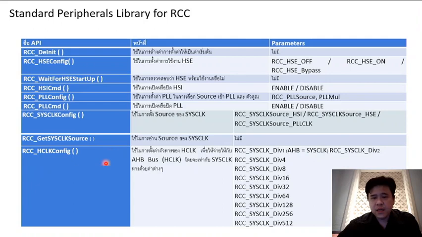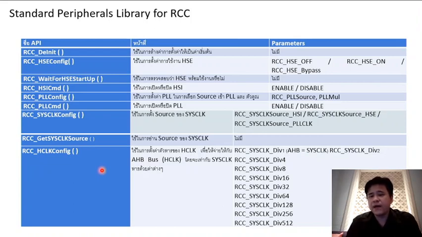What else? In this one, you have the RCC HCLK config. So what is it? This defines the prescalers for your system, so you can divide the speed of your system. This one is used to generate the AHB bus, or maybe we call it the high-speed clock, that is fed into your system.